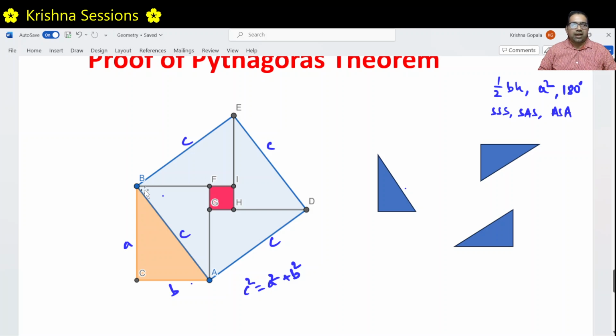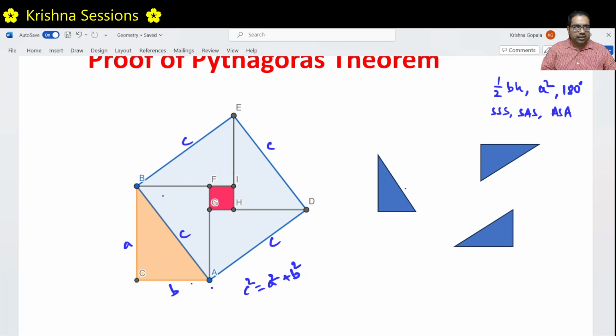Now let us draw parallel lines from the points of the square which are parallel to the sides of the triangle. For example, let us draw a line parallel from B like this, which is parallel to AC. This line passing through B is parallel to AC.